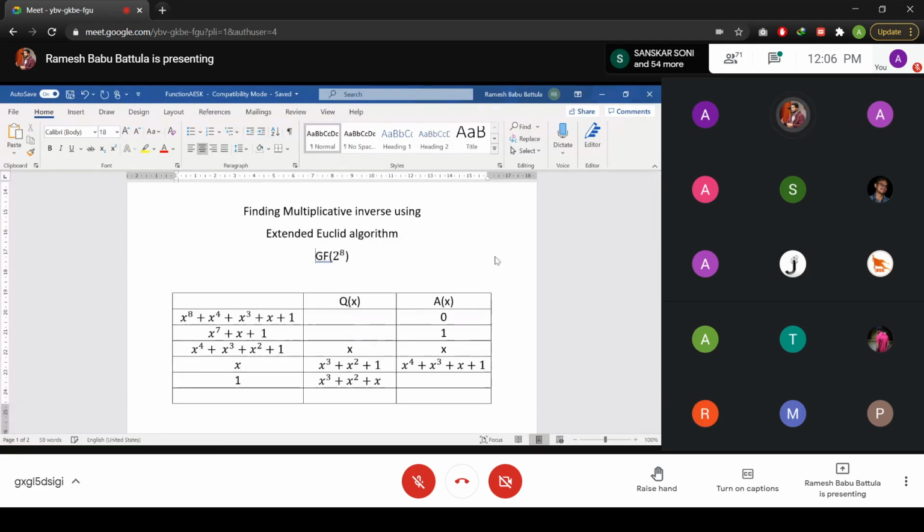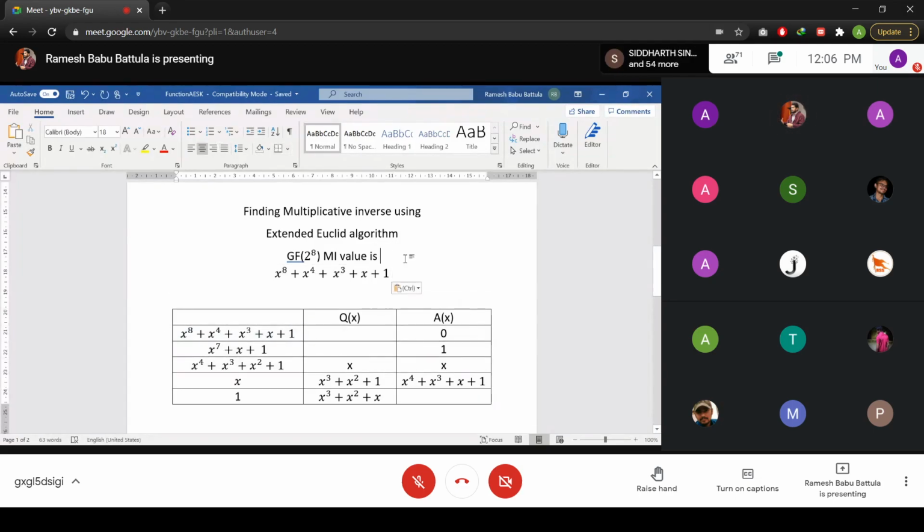Generally, we are using GF(2^8). In this, the multiplicative inverse value is the MI value, is this one.